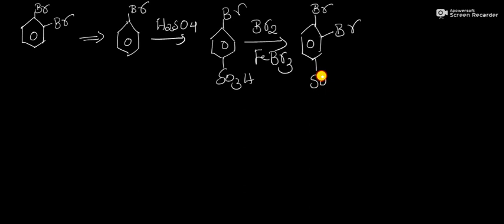Here the para position is blocked by the SO3H group. Then we get only ortho substituted product.